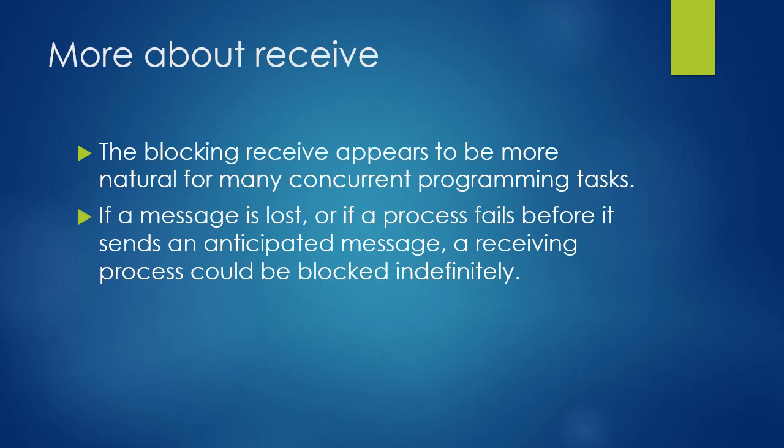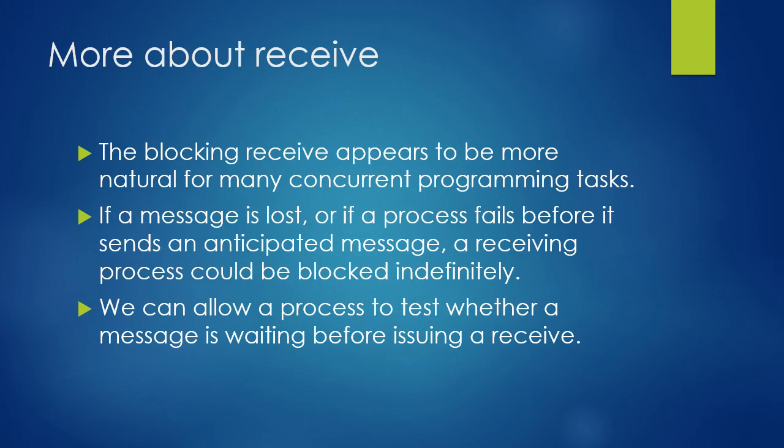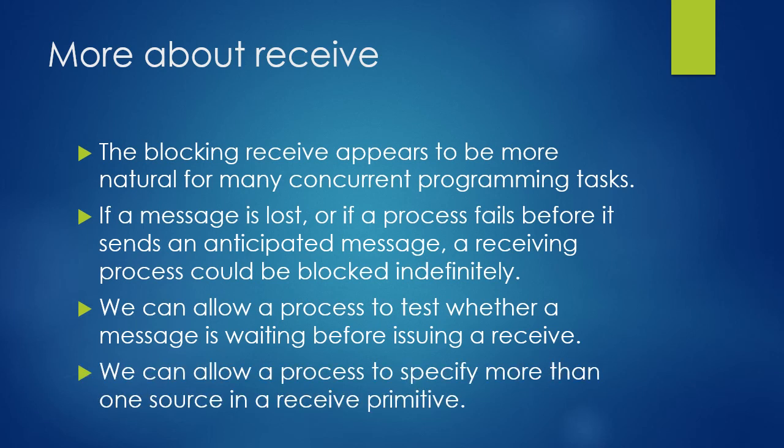This problem can be solved using the non-blocking receive. We can allow a process to test whether a message is waiting before issuing a receive. We can allow a process to specify more than one source in a receive primitive.